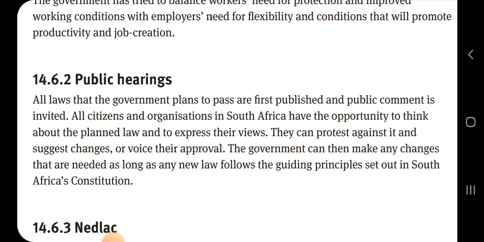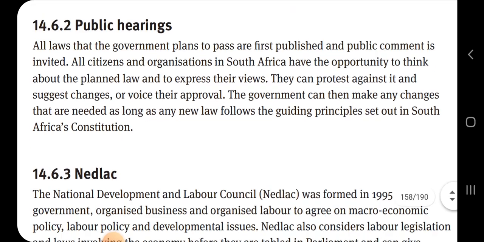All citizens and organizations in South Africa have the opportunity to think about the planned law and to express their view. They can protest against it and suggest change or voice their approval. The government can then make any changes that are needed, as long as any new law follows the guiding principles set out in South Africa's constitution.